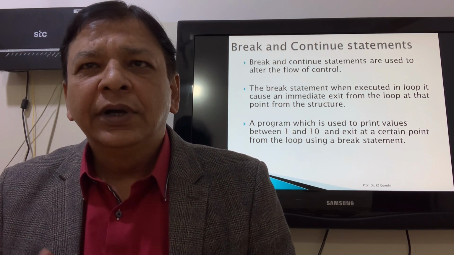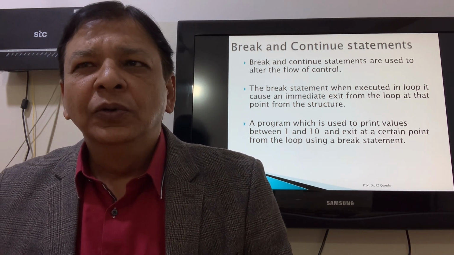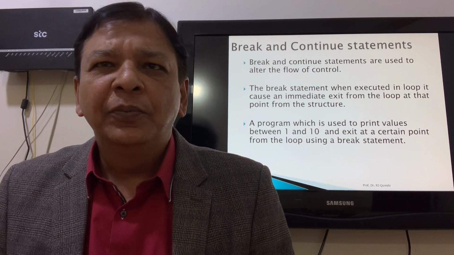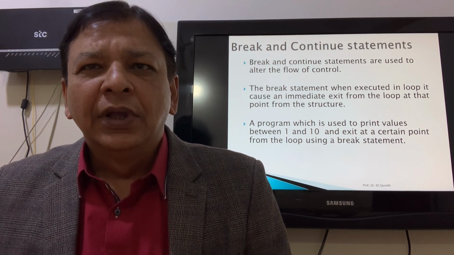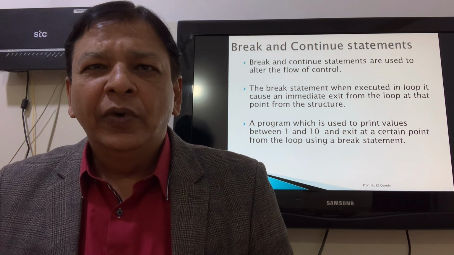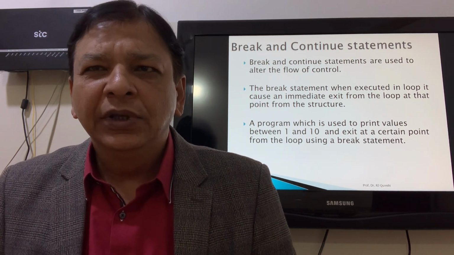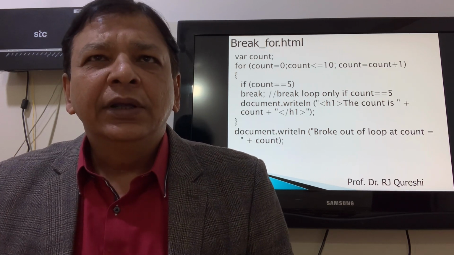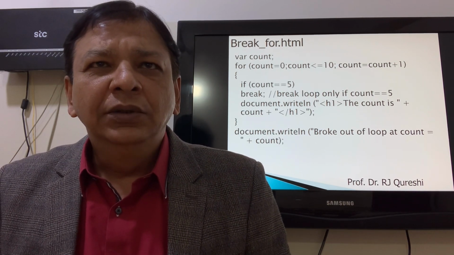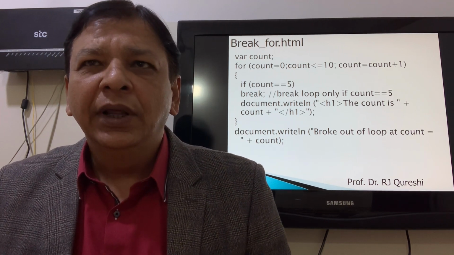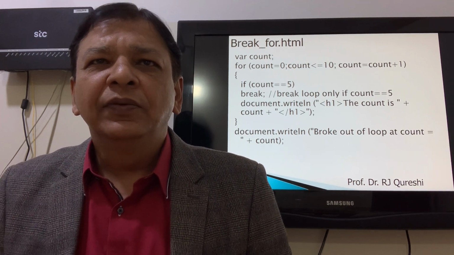Break and continue statements. The break statement, when executed in the loop, causes an immediate exit from the loop at that point of the structure. A program which is used to print values between 1 and 10 and exit at a certain point from the loop using a break statement. Break for.html: variable count, for count is equal to 0, count less than equal to 10, count is equal to count plus 1, the increment.